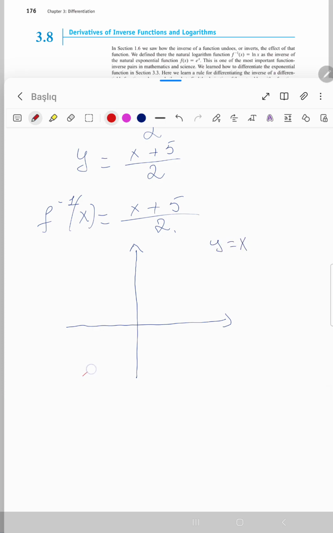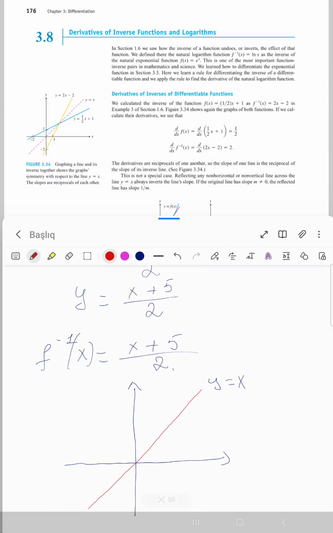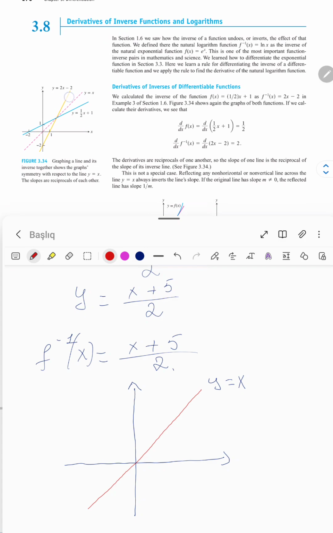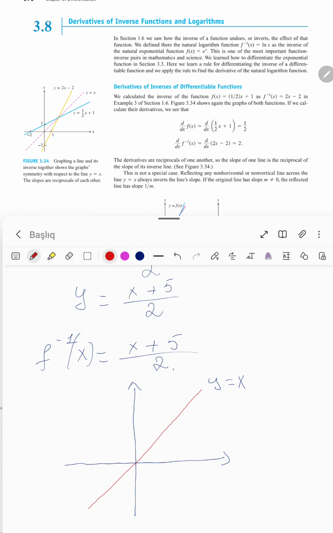And let's show it here. They will pass through the origin, and this is y equals x. And also, I think in your book there is y equals 2x minus 2. This is the original function here, the yellow line, and its reflection. You can see the y equals x red line, and an inverse function.